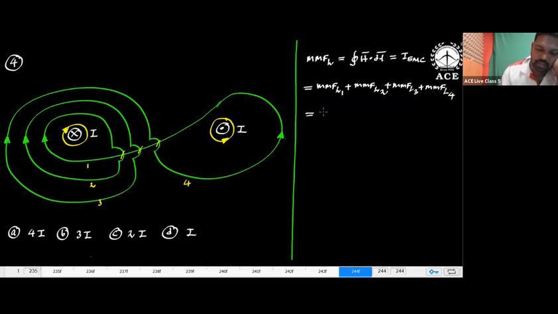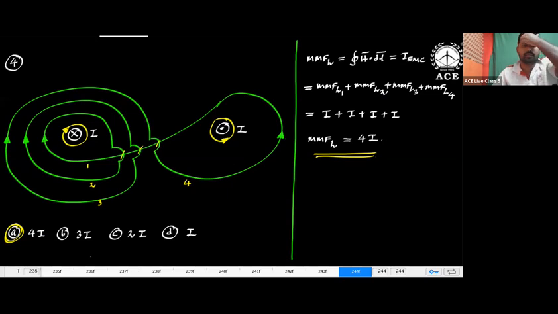Current enclosed is I plus I plus I plus one more I. So MMF in the loop is equal to 4I. Option C is the answer, beta. Sorry, option A is the answer.